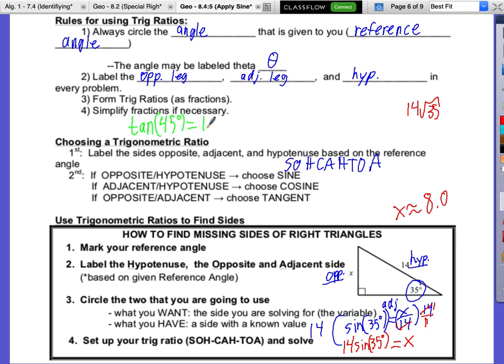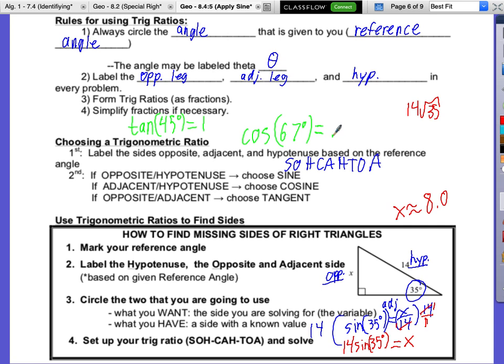I got one. Okay. Let's do cosine of 67 degrees rounded to 4 decimal places. How do you round to 4? I don't know. Gage, what did you get?